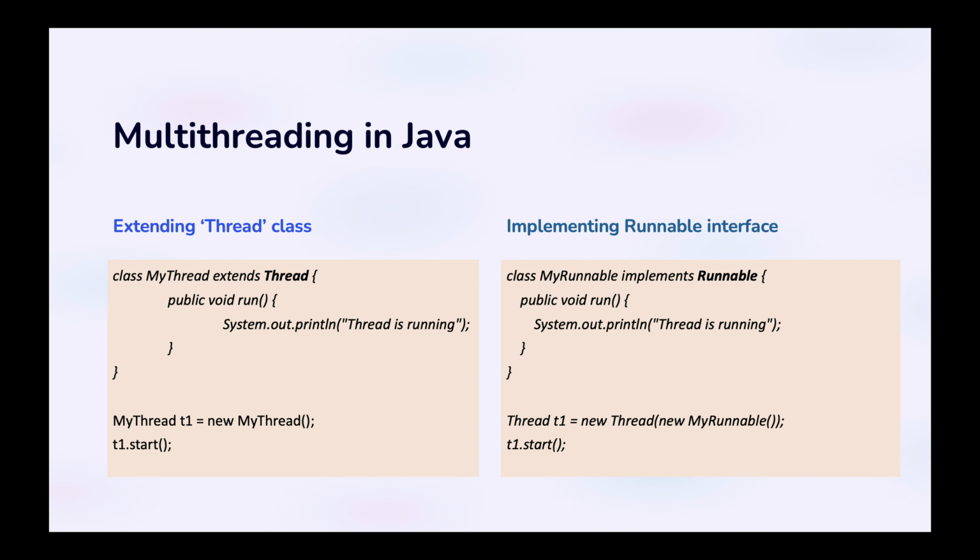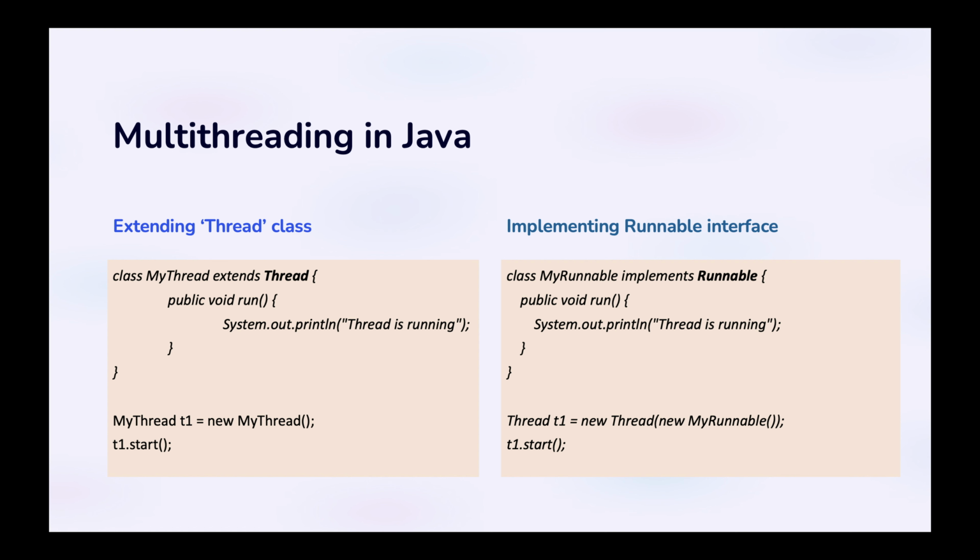So that's the way of extending the Thread class, right? Now by implementing the Runnable interface: I am writing a class, class MyRunnable implements Runnable. Under that I am overriding the same way, public void run method.